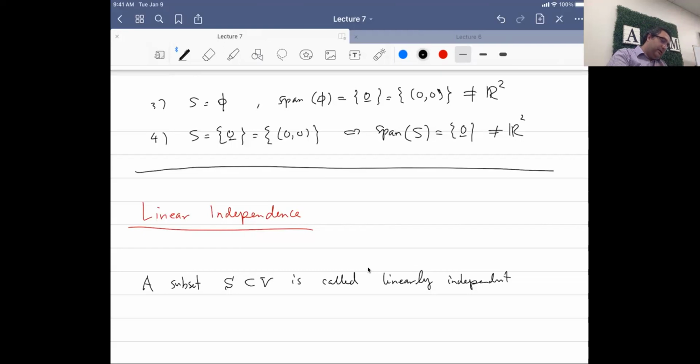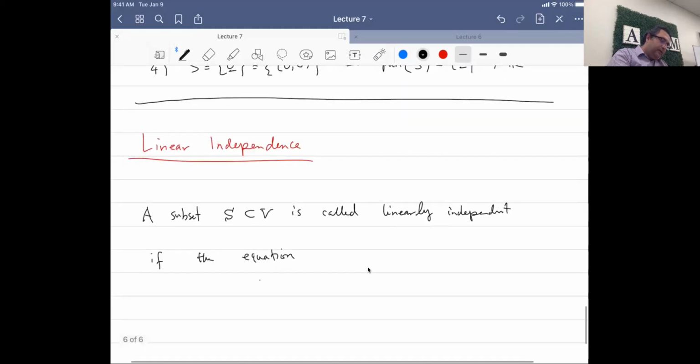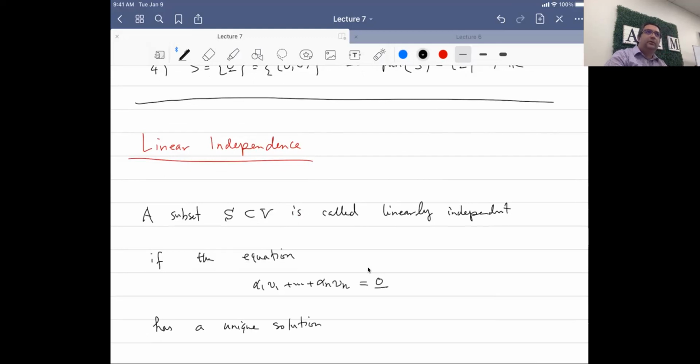So we say a subset is called linearly independent if the equation alpha 1 v1 plus ... plus alpha n vn equals 0 has a unique solution. What should that be if the solution is supposed to be unique?